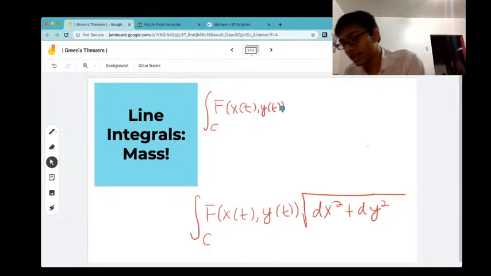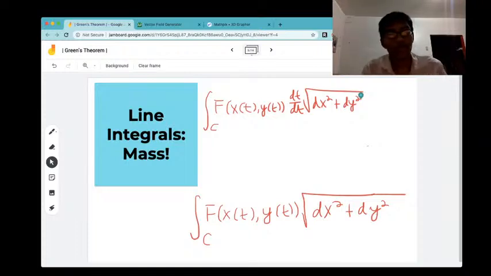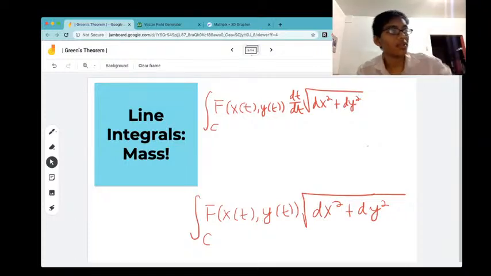So far so good. Times what? Well, times our radicand, remember, but this time we're multiplying it by dt over dt. So hopefully you recall that. And then we're going to multiply by our radicand, which is root dx squared plus dy squared. Okay, so hopefully so far that's so good.